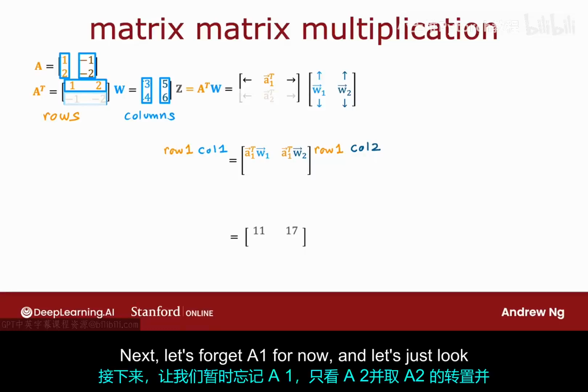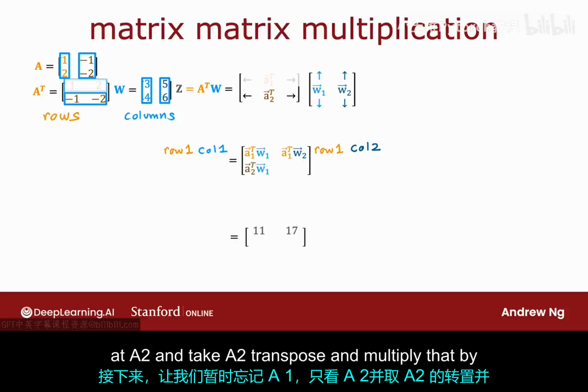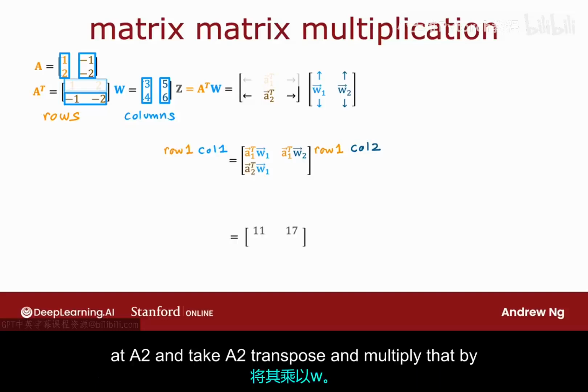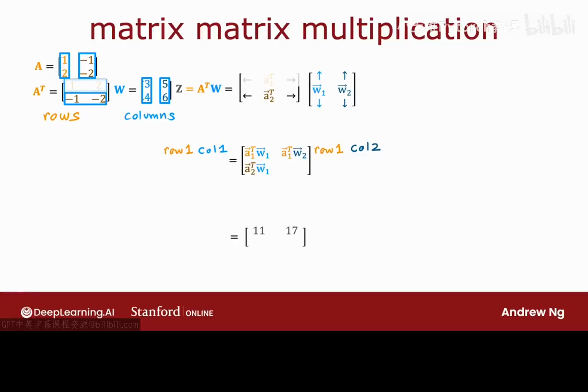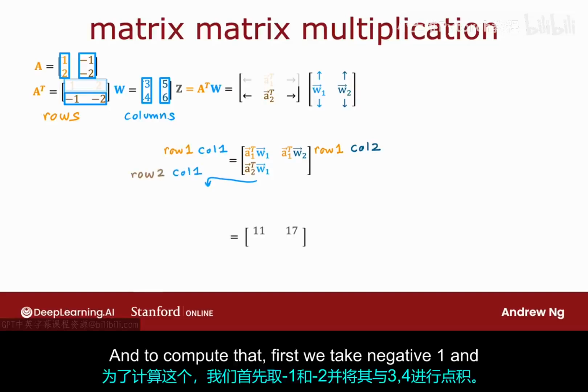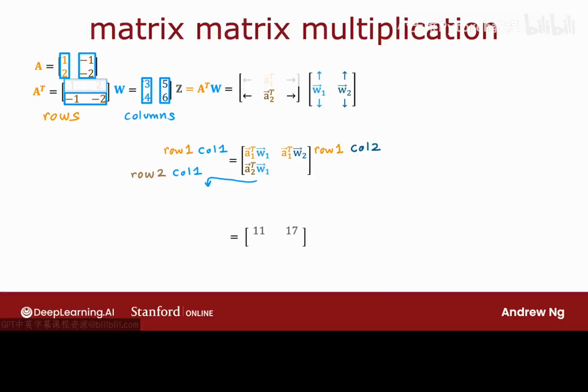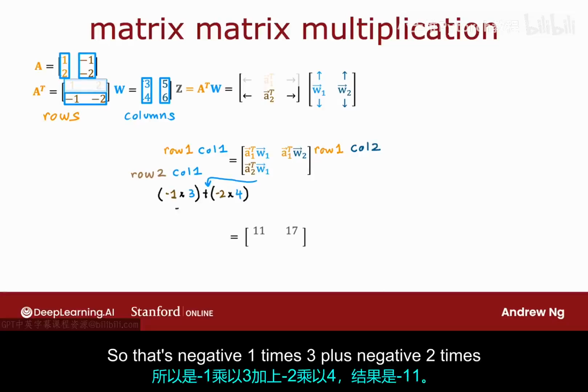Next, let's forget A1 for now, and let's just look at A2 and take A2 transpose and multiply that by W. So now we have A2 transpose times W. And to compute that, first we take -1 and -2 and dot product that with 3, 4. So that's -1 times 3 plus -2 times 4.